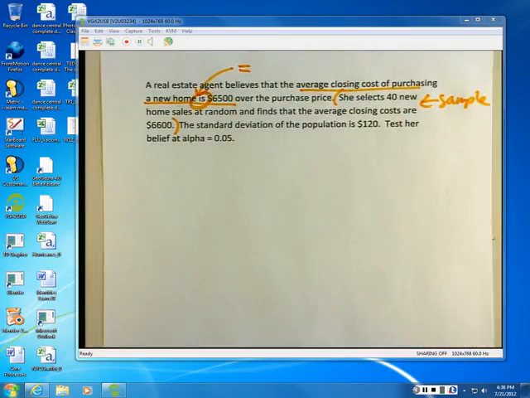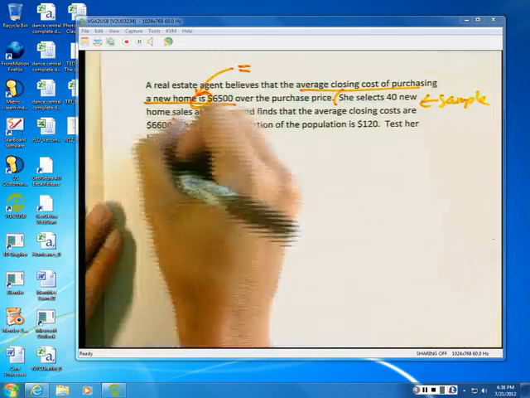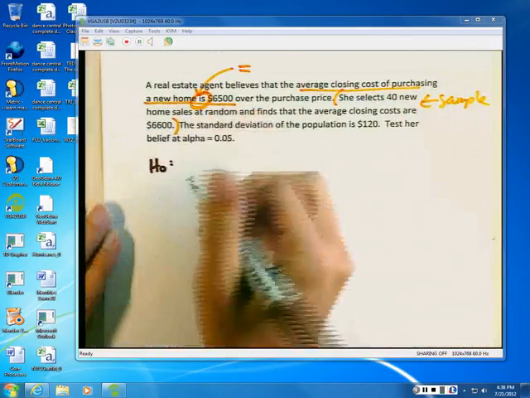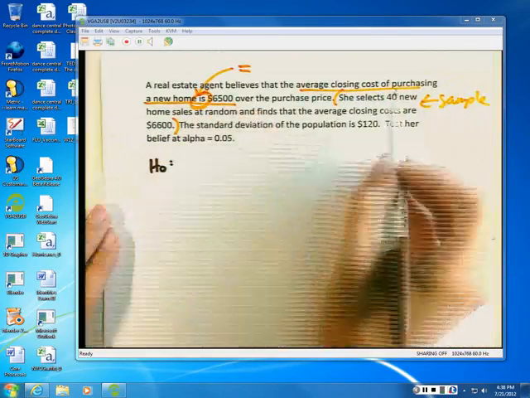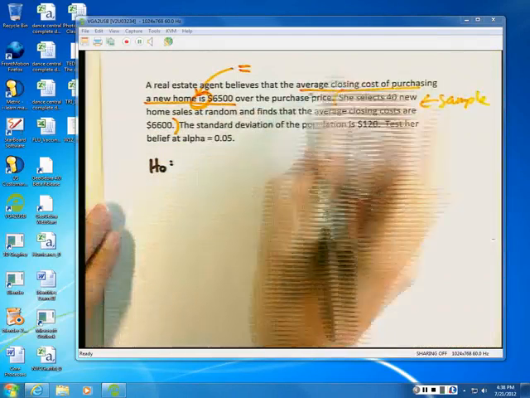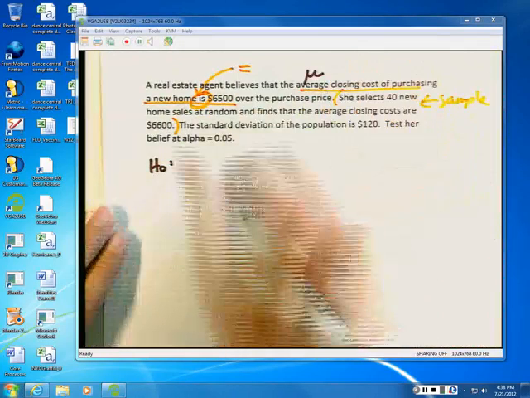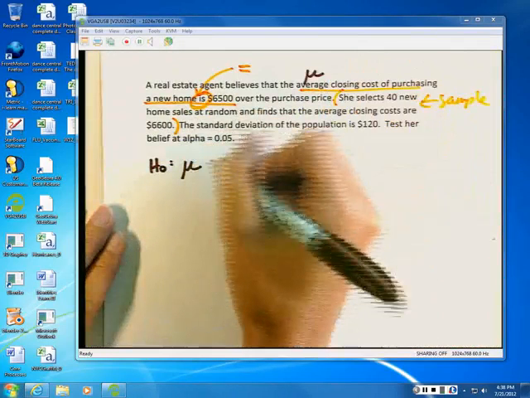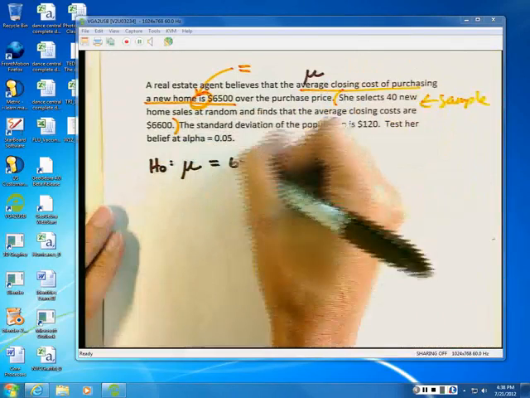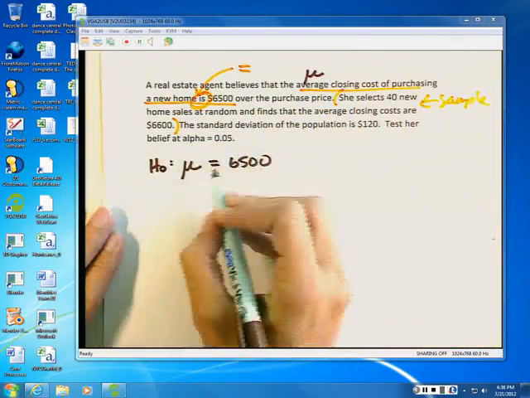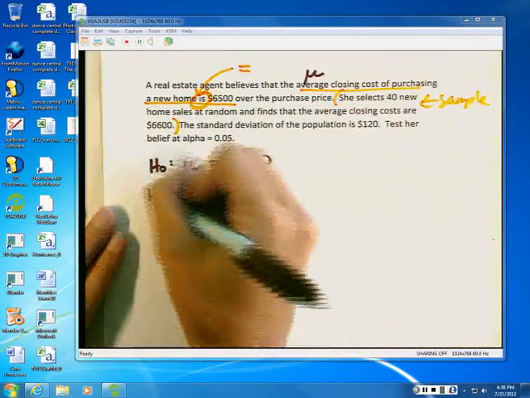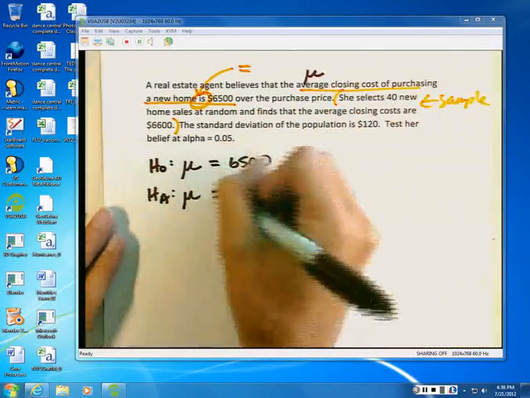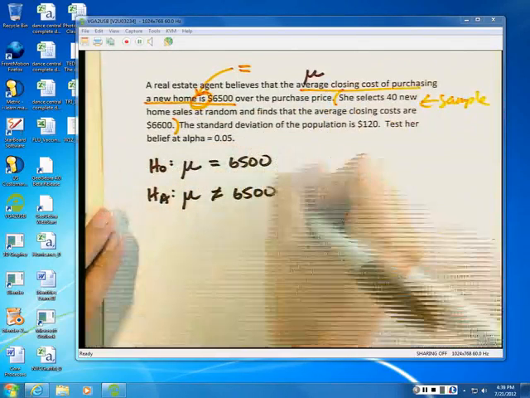So as I put my hypotheses together, that equal sign goes in the null hypothesis. And these are average, so that's going to be my mu. So this says that the average is or equals $6,500. Well, it either is or it isn't. So the alternative hypothesis is not equal to $6,500.